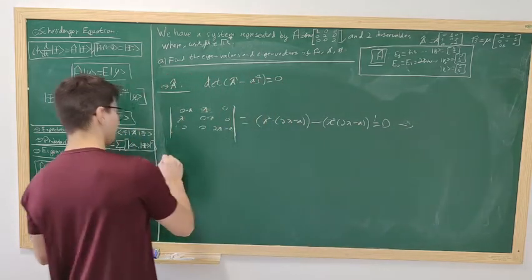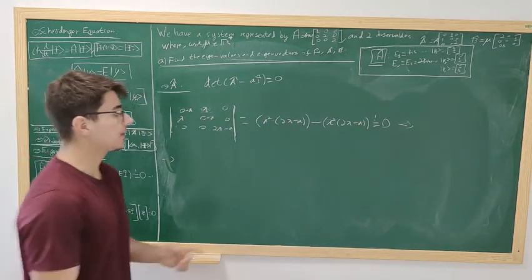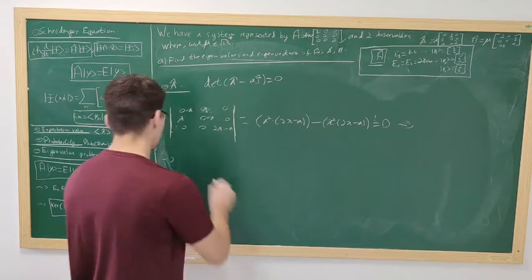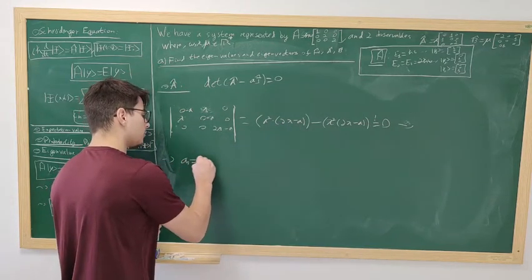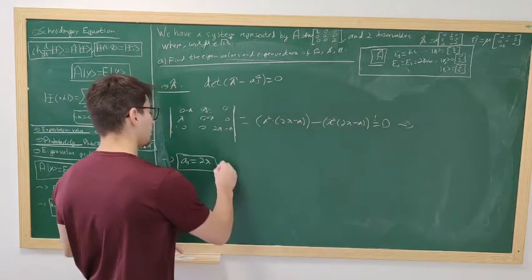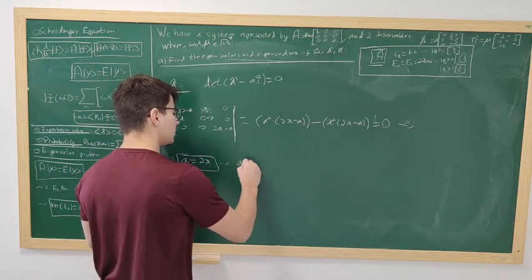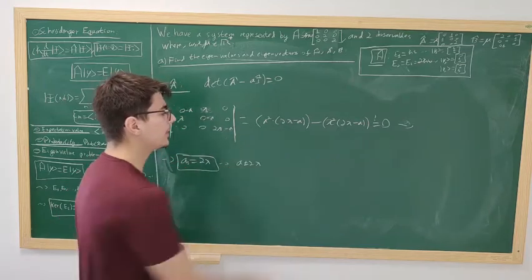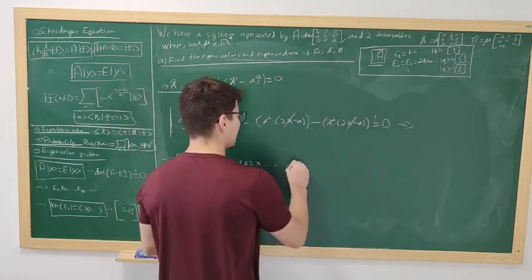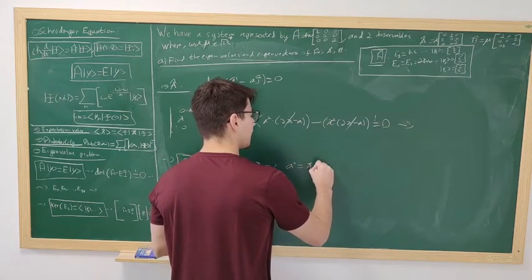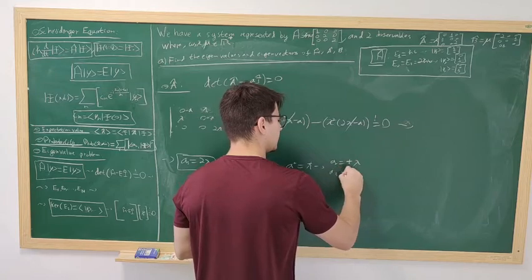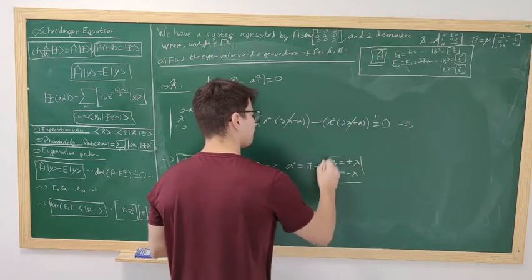So one possible eigenvalue is a equals 2 lambda. If a equals 2 lambda, this is 0. But if a is not 2 lambda, we can divide by this term because it is not 0, and we get that a squared equals lambda squared, from which a2 equals plus lambda and a3 equals minus lambda.